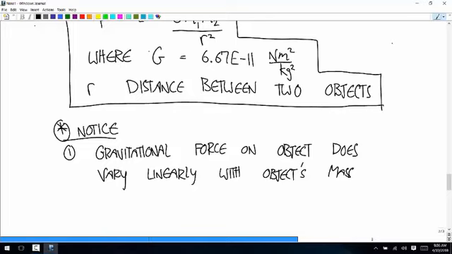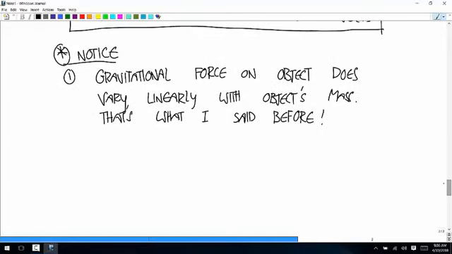Okay, so that's what I said before. But what I didn't say before is that this gravitational force also depends on the distance between the objects.